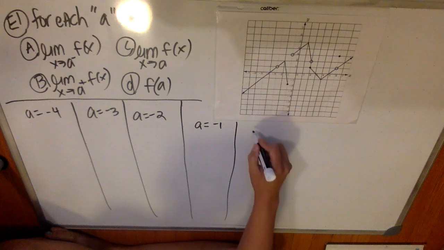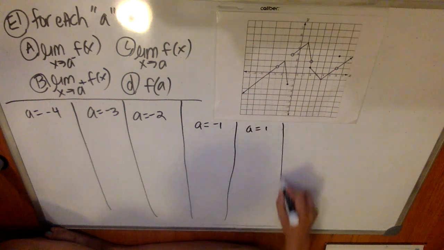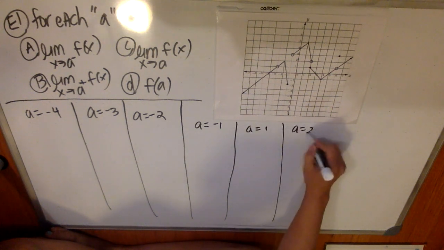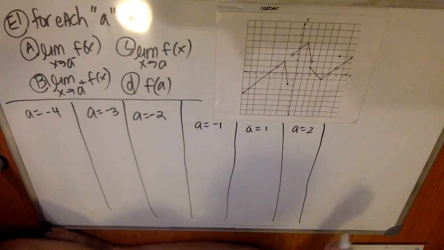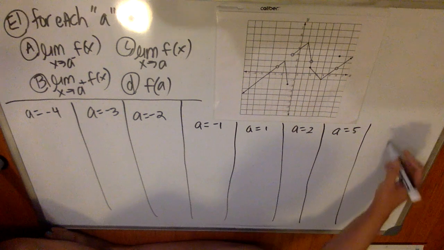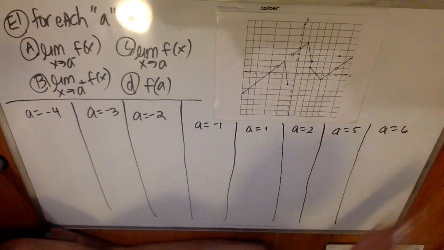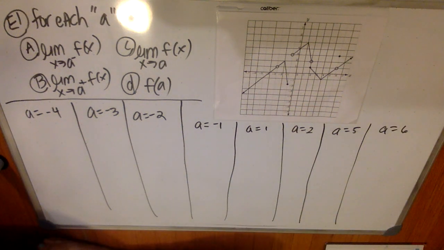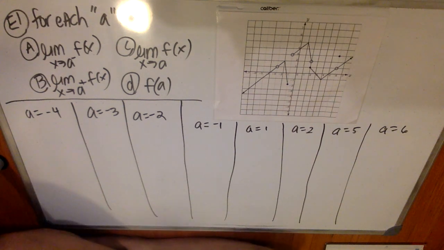Let's do a is 1. Let's do a is 2. Let's do a is 5. And we'll do a is 6. Okay, so for all of these, we're going to go ahead and see if we can find those 4 values. To do that, I'm going to try and draw on this paper, and we're going to see how it goes.